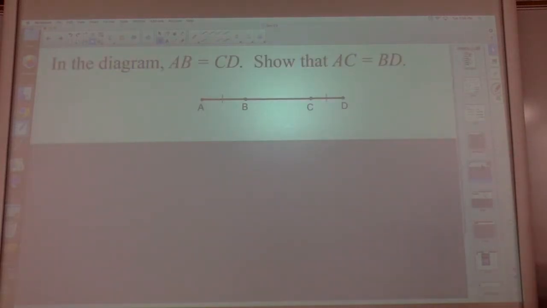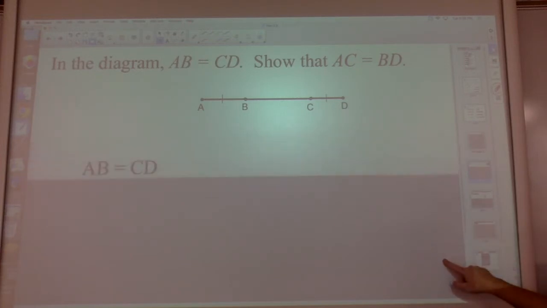Okay, next step. In the diagram, AB equals CD, the measure of AB equals the measure of CD. Show that the measure of AC also equals the measure of BD. So we're going to start with AB equals CD.